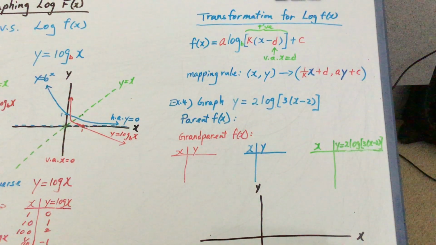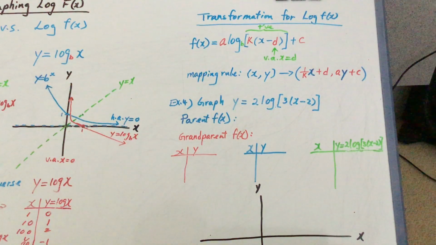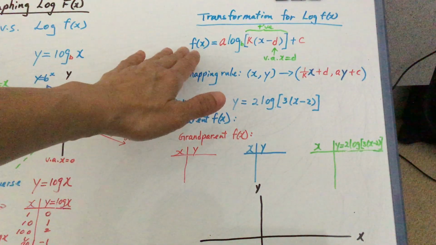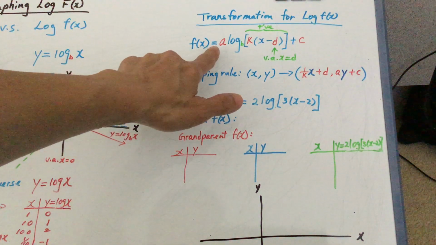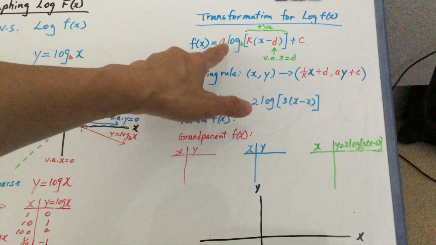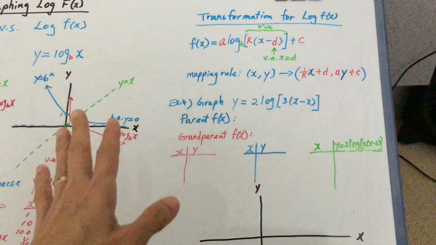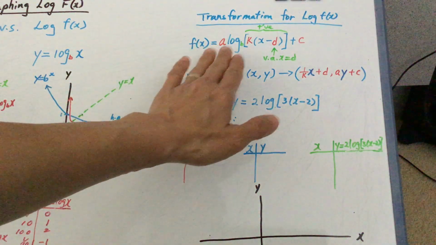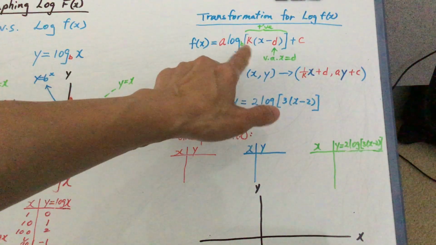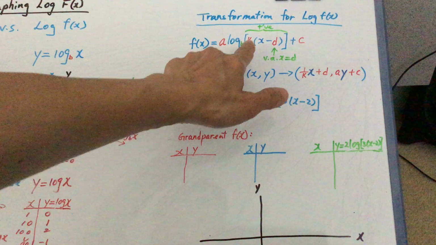The transformations of log functions will be similar to what we have done with the transformations of any other type of function. So we start with f of x equals a, the vertical stretch factor, times log, and we don't know the base until we actually get the question. After the log, you will have brackets of k, the horizontal stretch factor.